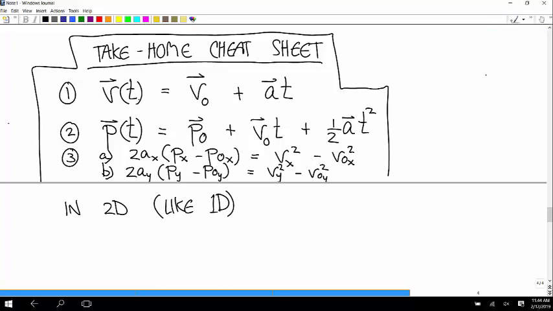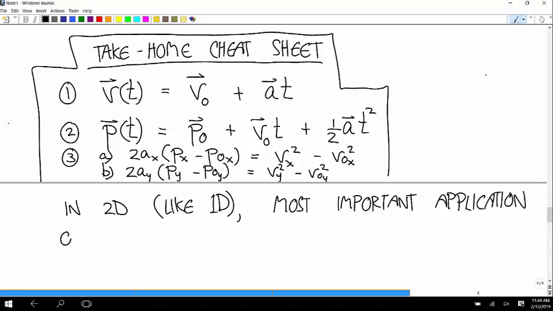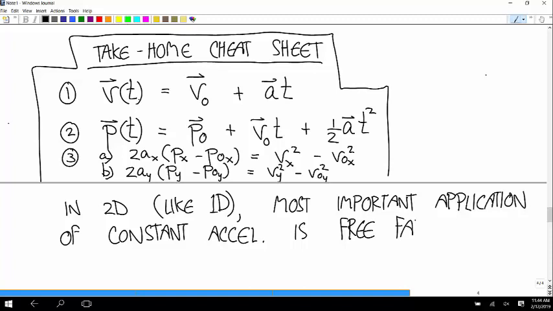In 2D, like 1D, the most important application of constant acceleration is free fall. And saying free fall, I'm also including projectile motion.